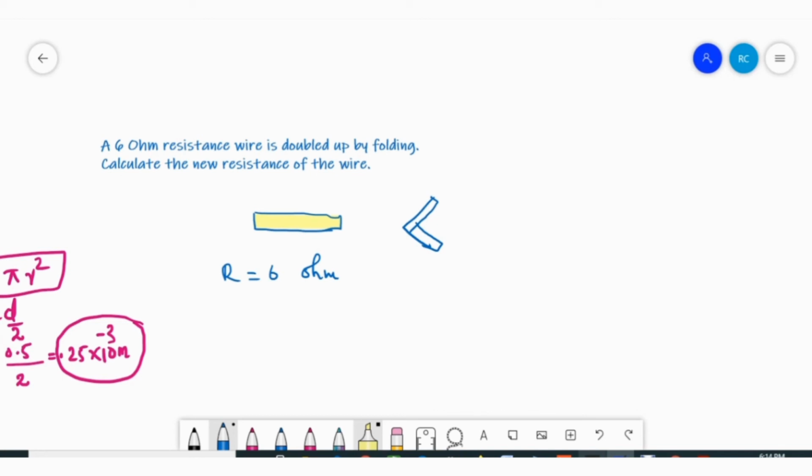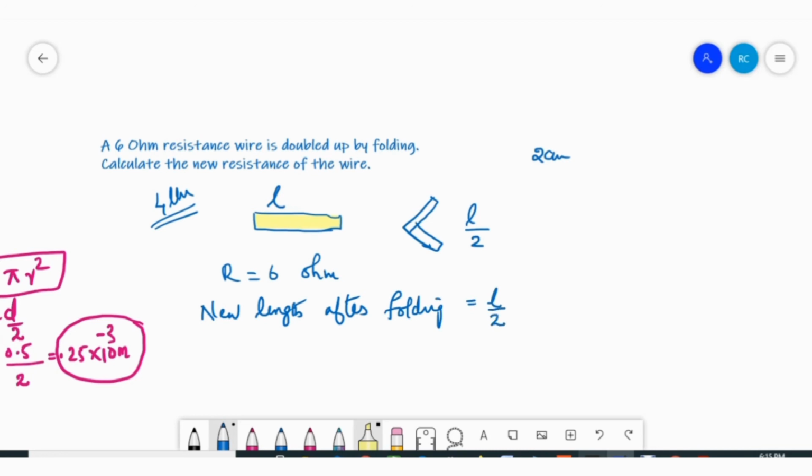So before this, we are taking the length as L. Now when you fold the wire, the length becomes L by 2. For example, if it was 4 centimeter the previous time, now when you fold it, the length will become 2 centimeter. So L becomes L by 2. So this is the new length after folding.